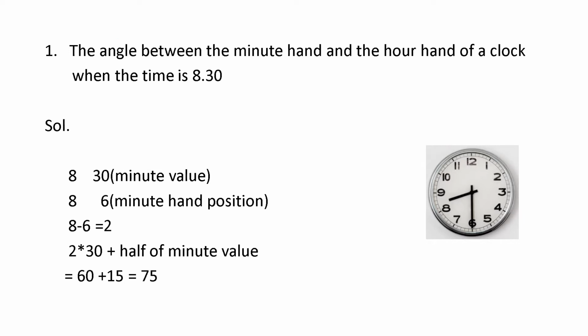Let's come to the solution. 8:30 is the time, right? So write 8 and then minute value 30. 8 is the hour and 30 is the minute value. Then for 8 you write the same value down, that is 8, and for 30 you know that in the clock 30 is represented by 6, right?